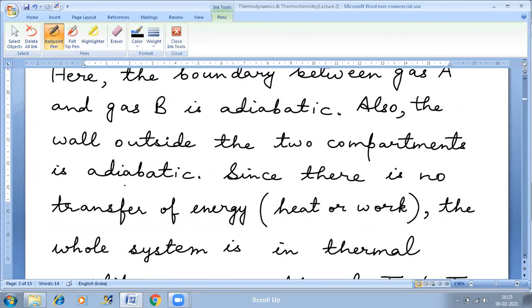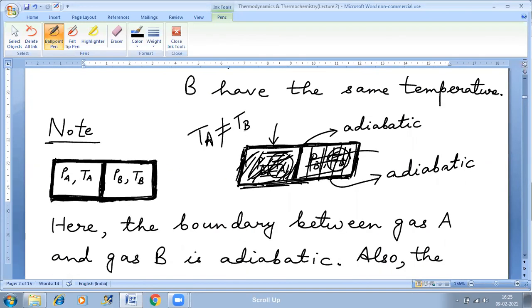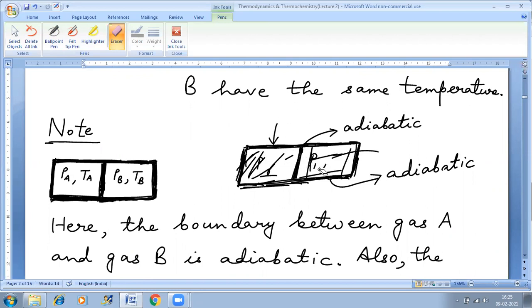Now let's take another case where I have two compartments, and these two compartments are separated by a wall, and this wall is now conducting in nature.